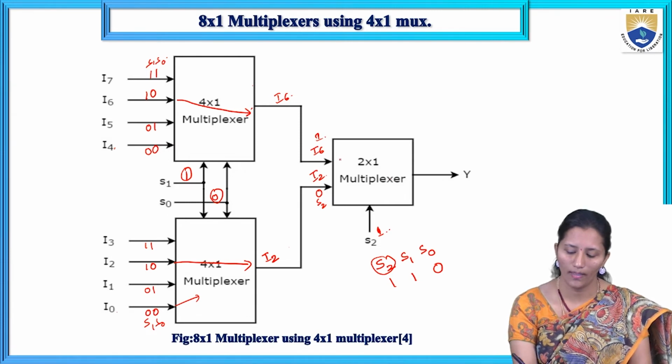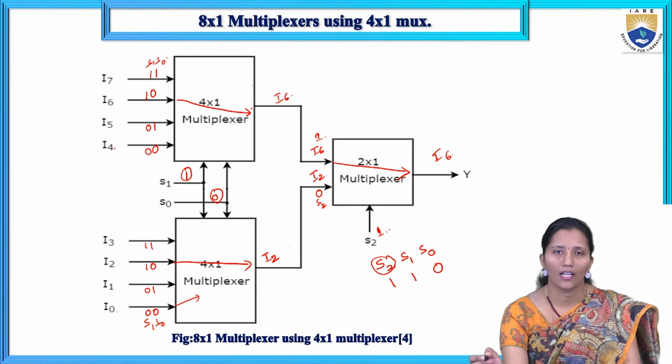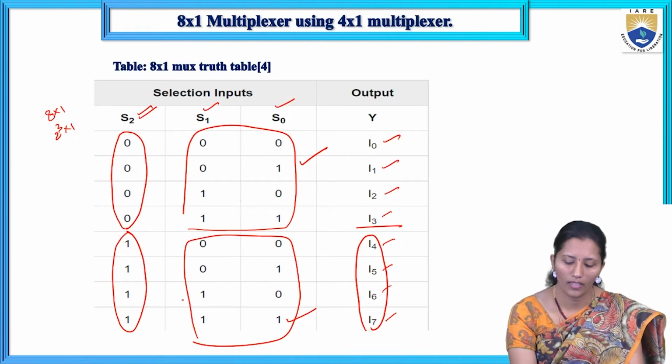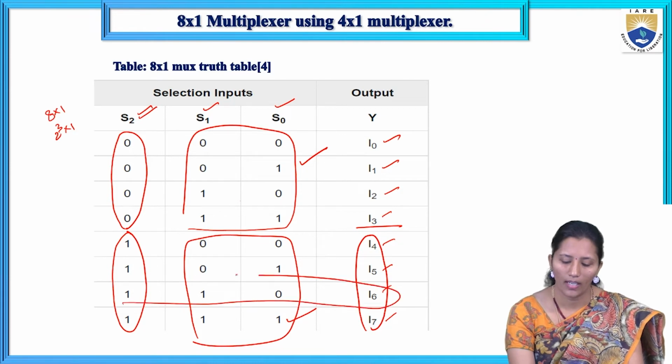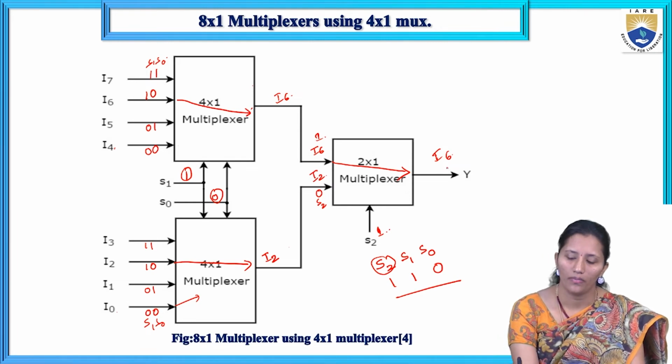Since S2 is 1, I6 will be transmitted at the output. Whatever data is present at I6 will be transmitted to the output Y. So if you observe, for 1 1 0 we are getting I6, and in the truth table also, for selection line 1 1 0, we get output I6.